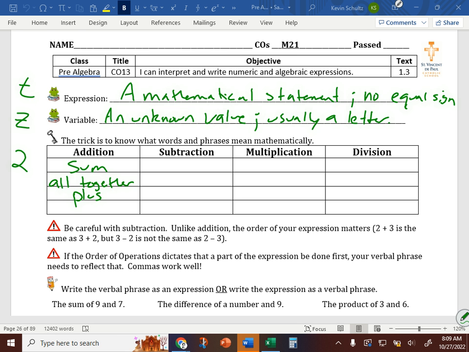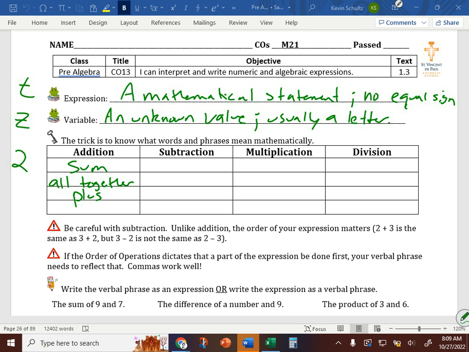And actually, I'm going to save that one for a little bit. The bottom three, so subtraction gets a little bit funky with the order. But what is the word for subtraction? Like sum, we use sum to mean the answer to an addition expression. What word would be the answer to a subtraction expression?